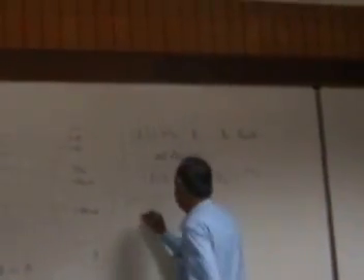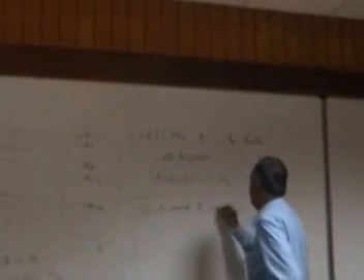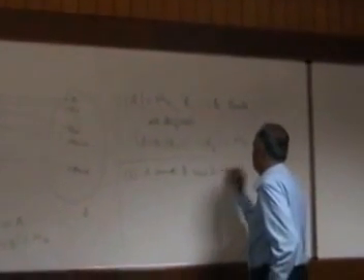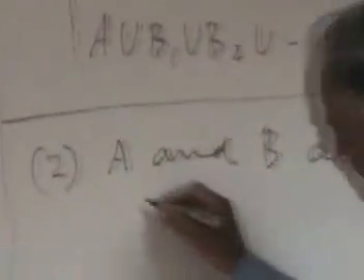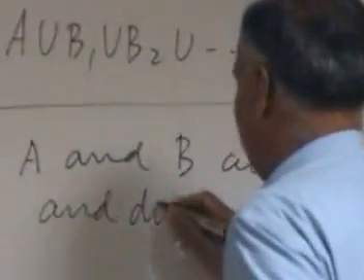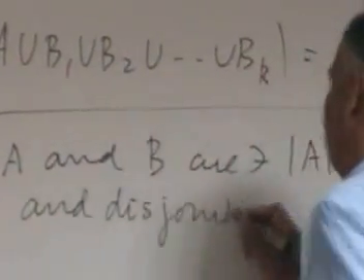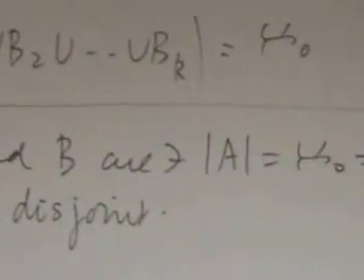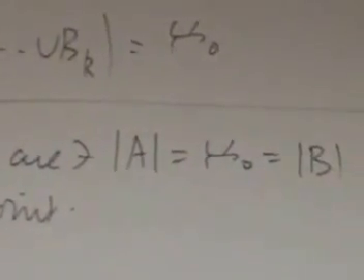So that's the next result. A and B are both countably infinite, and disjoint.